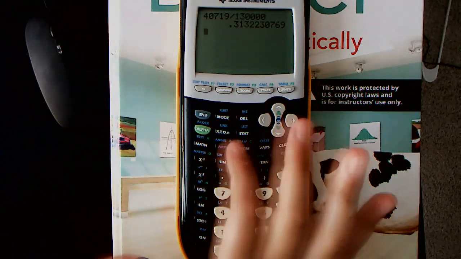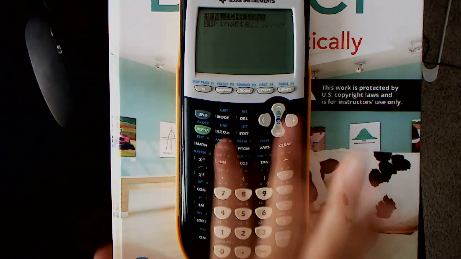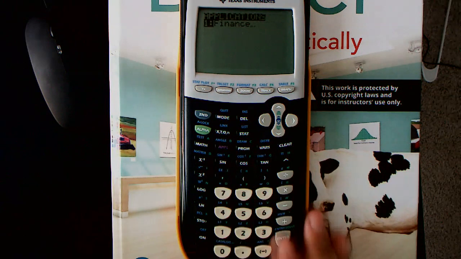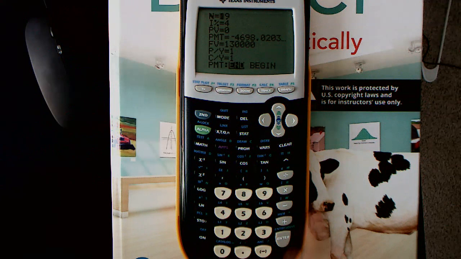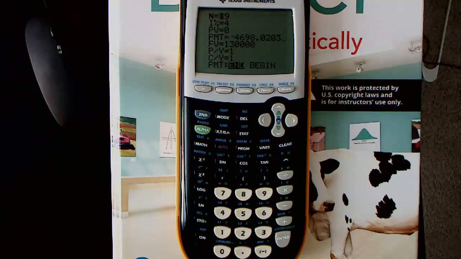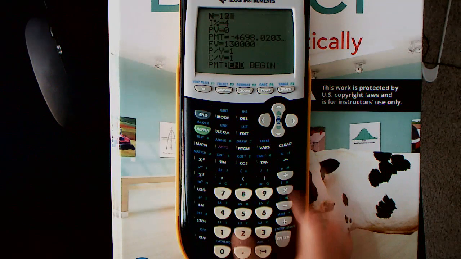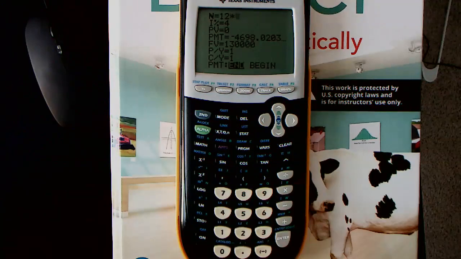Okay, so let's go to my calculator. All right, go to the app, Finance, TVM Solver, big N. Let's look at the information we just copied. Monthly, right? Yeah, deposit each month, so 12 times a year, for 35 years.